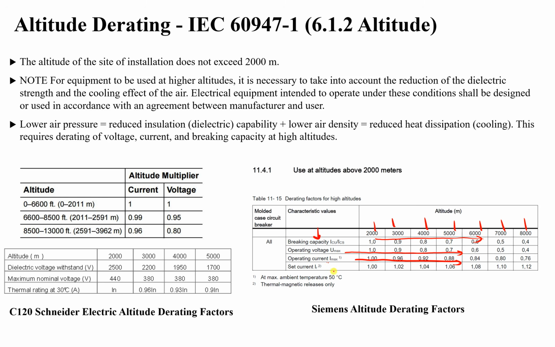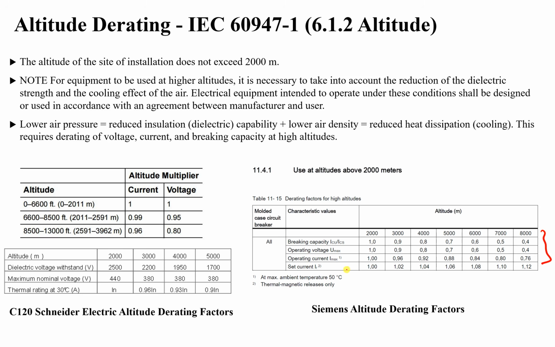The set current here will change, as you can see. Now, what does this even mean? This is for the derating of the fixed breaker. If we have a breaker with a fixed thermal magnetic setting, we can't change it, so we will select a higher value circuit breaker.